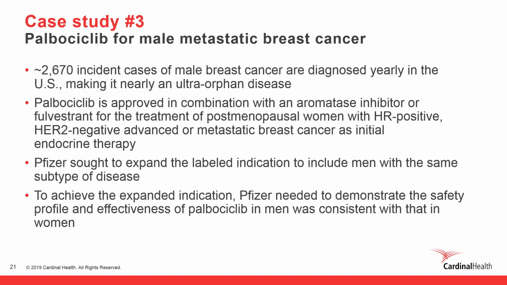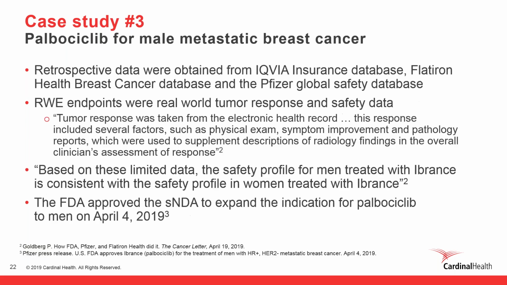To achieve that expanded indication in a very rare tumor, with an incidence of only around 2,670 cases a year, where conducting a study might be unfeasible or unethical, they sought to design a study to use real-world data to support demonstrating the safety and perhaps the effectiveness of Palbociclib in those patients.